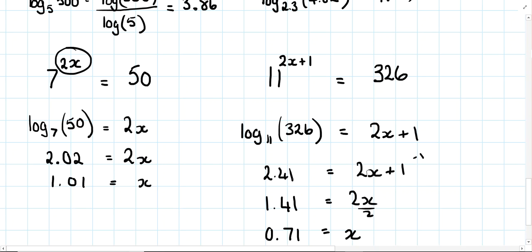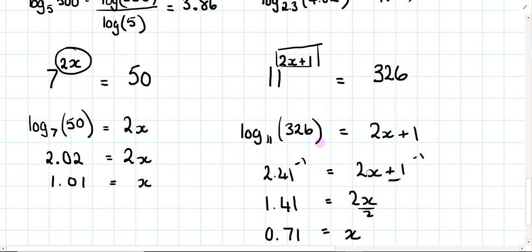Why would you divide? Oh, never mind. 2x plus 1. So minus 1 on both sides to get rid of the plus 1. Remember, when I do the logarithm, I get the whole exponent.